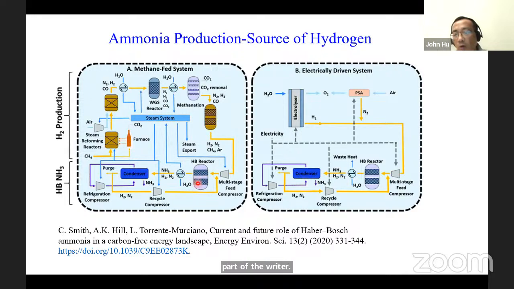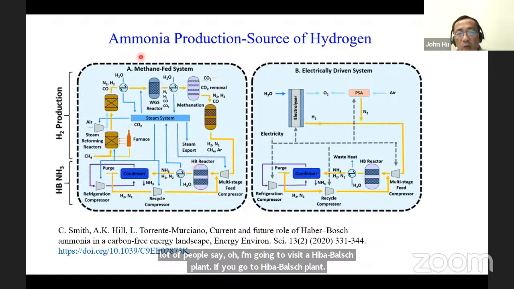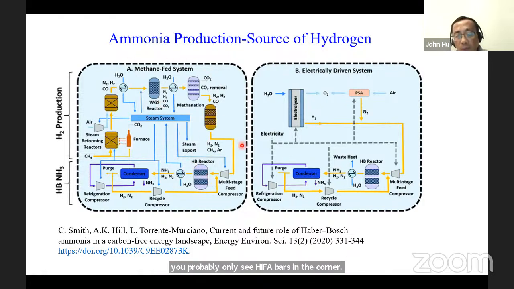A lot of people say, "Oh, I'm going to visit the Haber-Bosch plant." If you go to a Haber-Bosch plant, you probably only see the Haber-Bosch reactor in the corner. The majority of units are this. So basically, you have the hydrogen produced from methane steam reforming, and then fed into the Haber-Bosch reactor.